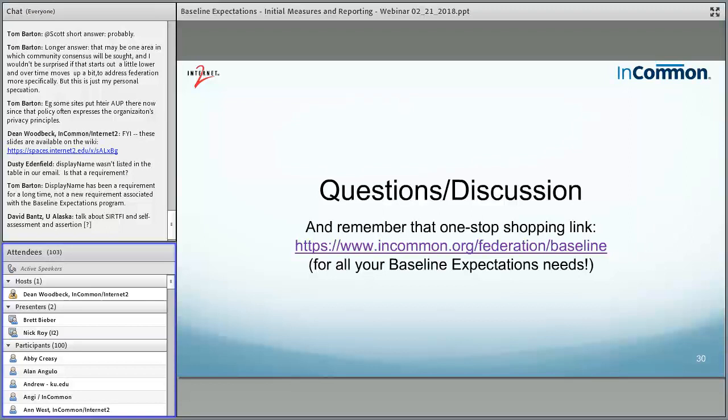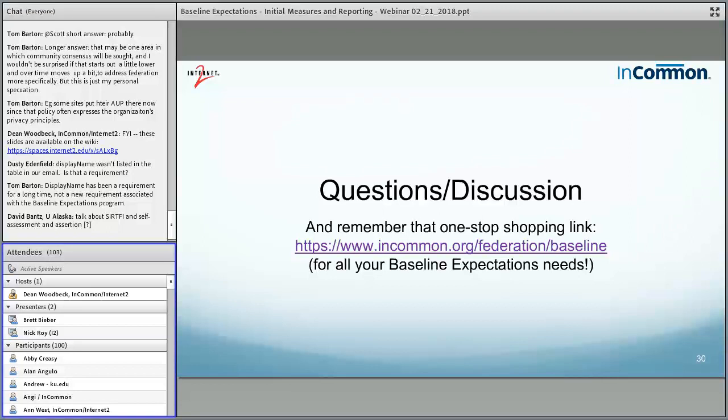Now, that's not the goal. The goal here isn't to remove people from the Federation. It's to elevate that trust level and to elevate everyone within our community. So we don't want this to be like a gotcha, where, you didn't put a logo in, so we're going to pull you out of the Federation. That's not the goal of baseline expectations.